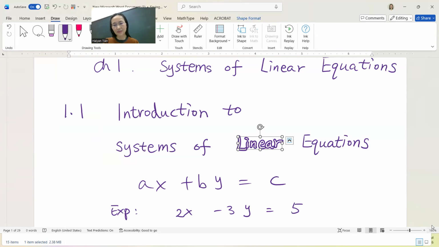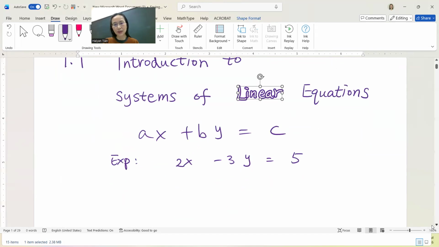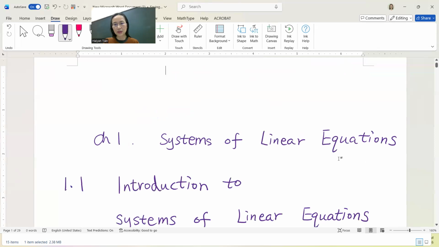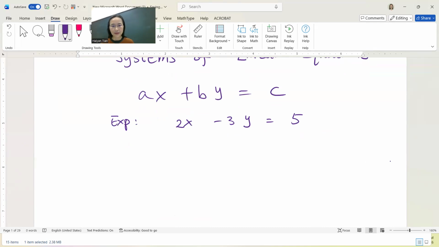If you want, you can write this into a slope-intercept form. And then you will realize it's a line, because if I subtract 2x from both sides of the equation, the right-hand side becomes negative 2x plus 5. The left-hand side becomes negative 3y.